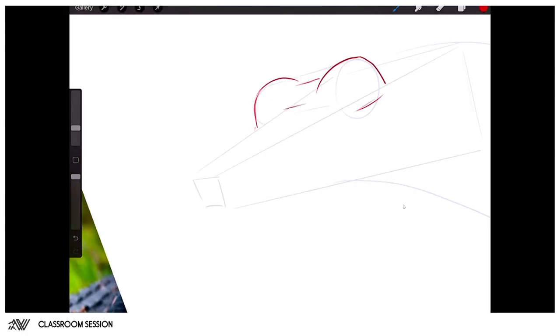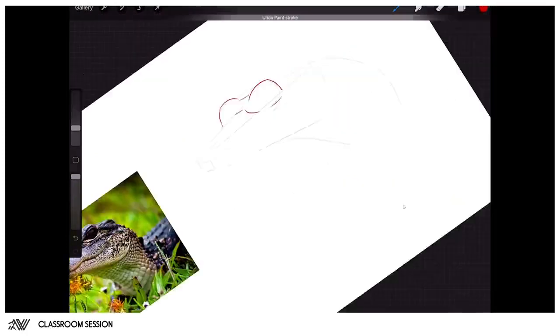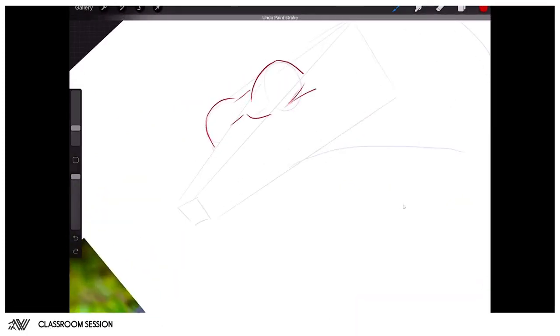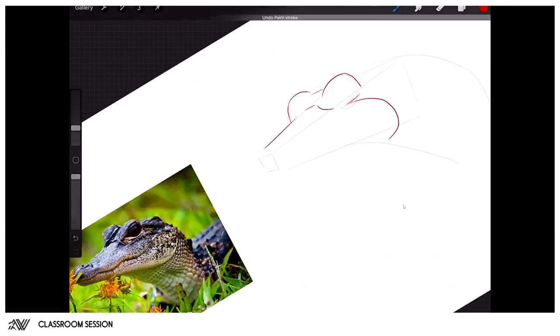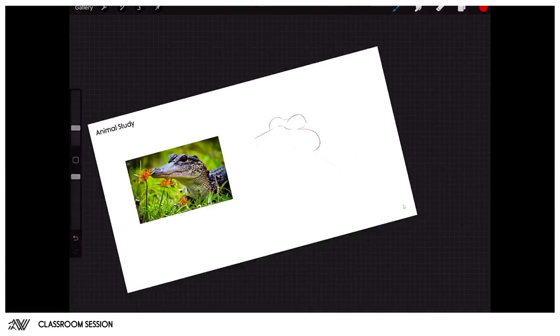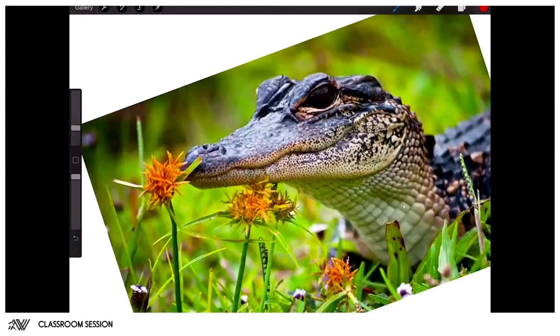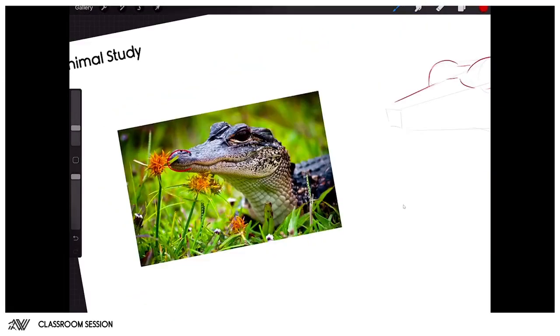And then wedging in there is like a tapered, rounded box with a sphere on top. I'm treating that snout, that frontal part of his snout, more like an inflated part of that box, right?